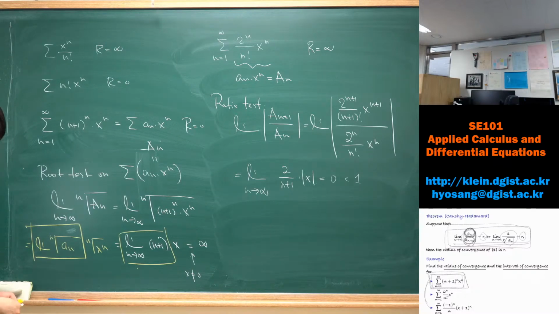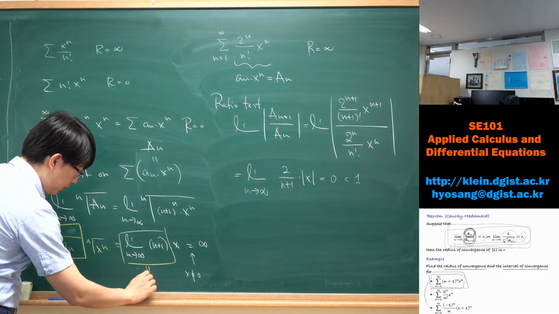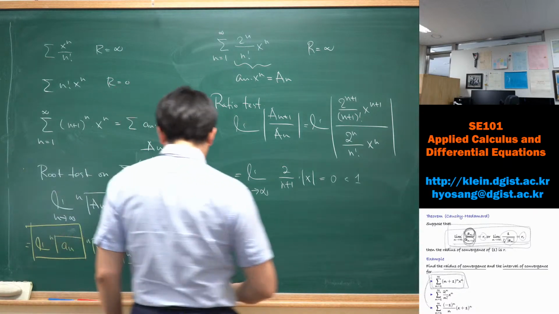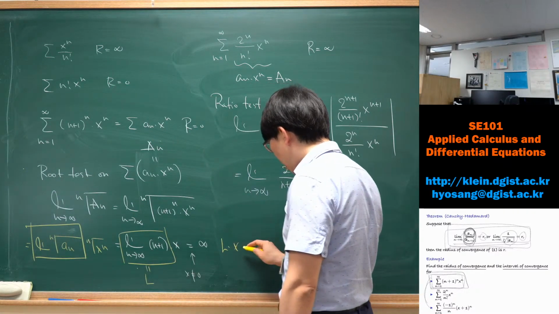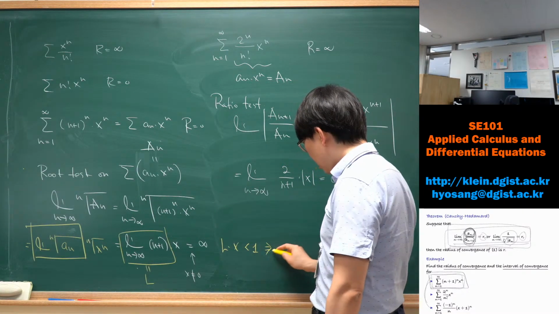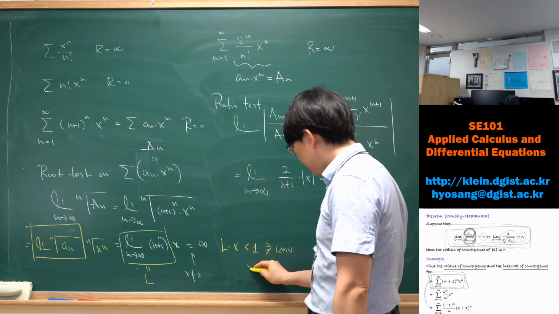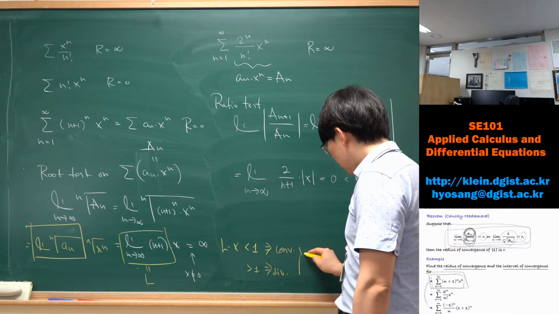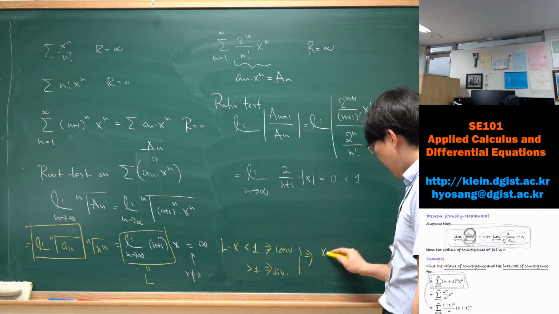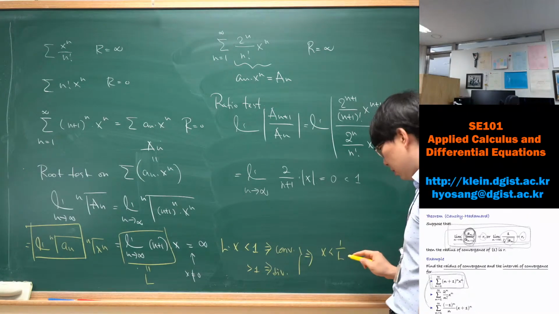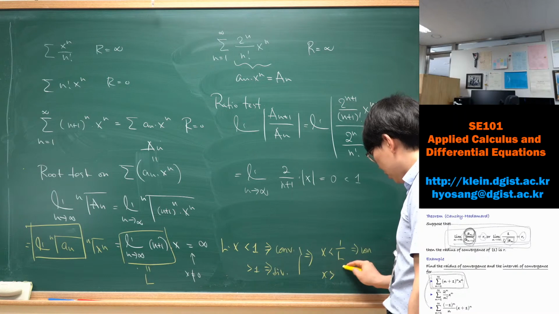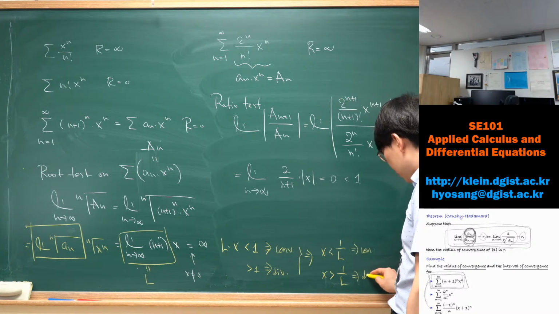Now, if this has some kind of limit L, okay, and the root test says if L times x is less than 1, then it converges. If it's bigger than 1, then it diverges. So this implies that if x is less than 1 over L, then it converges, and if x is larger than 1 over L, it diverges.